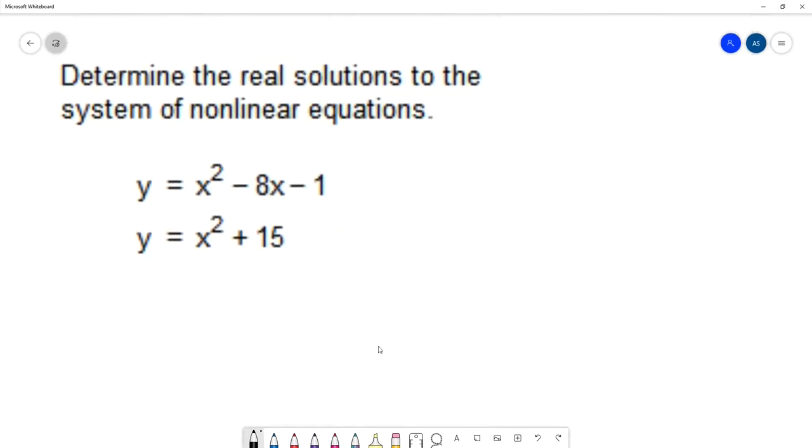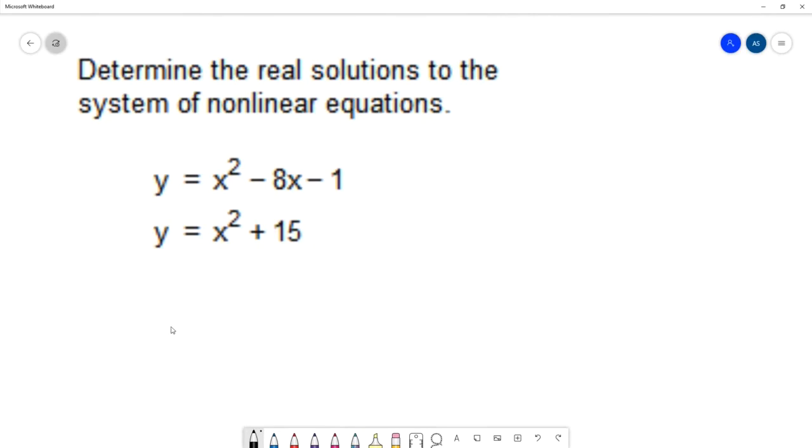So if I were to try this problem with the elimination method, I would take a look at my like terms. I have y's that are both linear, y to the first power. So these are like terms. I will be able to eliminate y if I wanted to try the elimination method.